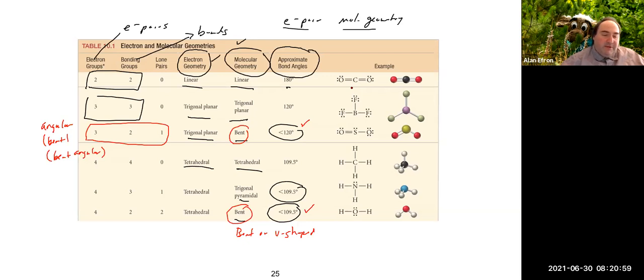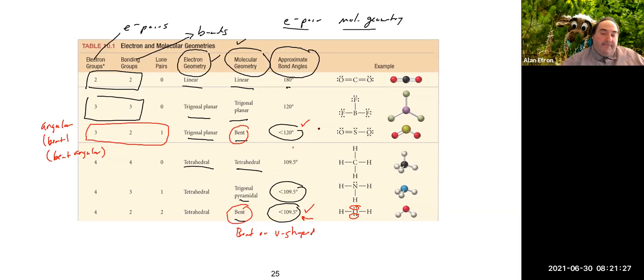So when we talk about angular, the 3 electron pairs and 2 bonds, we're looking at a bond angle closer to 120, a little less than 120, obviously. While when we talk about 4 electron pairs and 2 bonds, because of those extra non-bonding electrons that are present here, they are going to try to get away from each other a lot further, and we're going to get a steeper bond angle of 109.5.